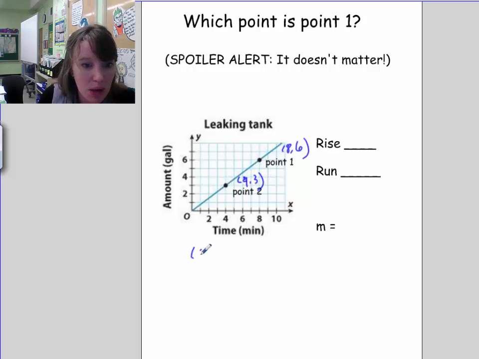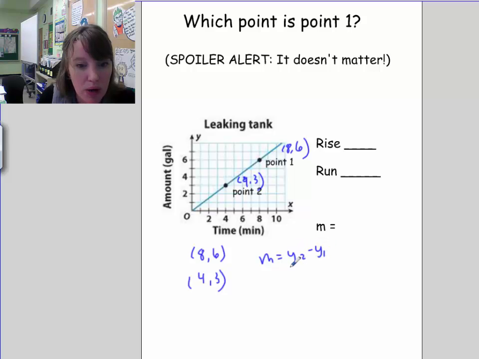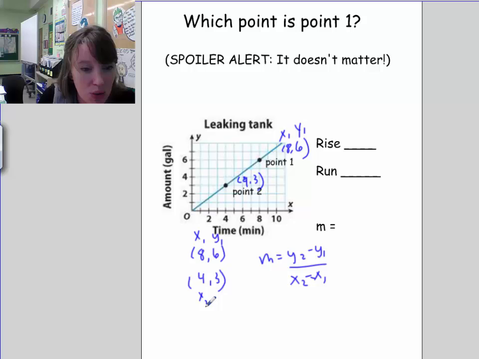Let's align them vertically one more time. So we have 8, 6 and 4, 3. Our slope is going to be y2 minus y1 over x2 minus x1. So here, this is going to be our x1 and y1, and this is going to be our x2 and y2.